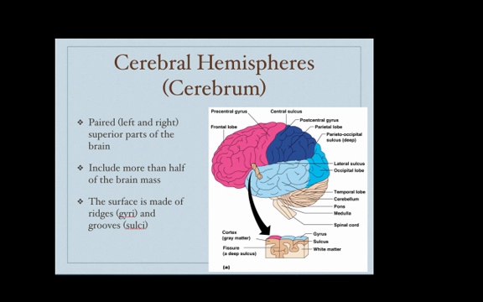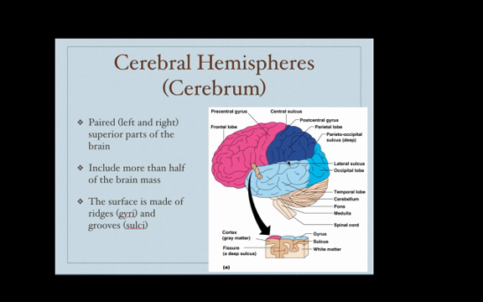All right, the last region that we're going to talk about is the cerebrum, and the cerebrum is everything that's around the outside top part of the brain. In mammals especially, the cerebrum is the biggest, heaviest part of the brain. And it's the part that has all of these ridges and valleys along the surface.